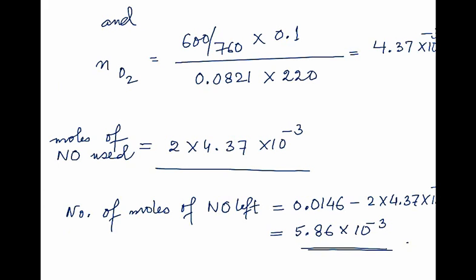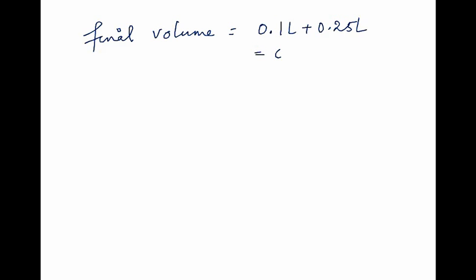After calculating the number of moles of NO that is left, we have to calculate the final volume. The final volume is equal to 0.1 liter plus 0.25 liter, which is equal to 0.35 liter.